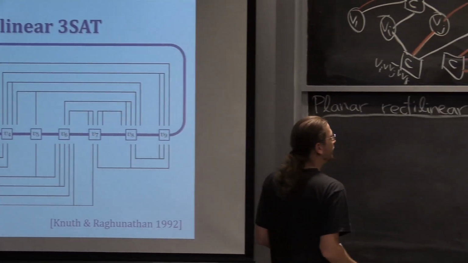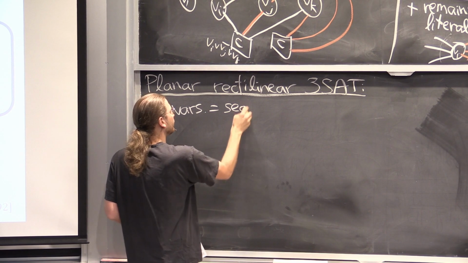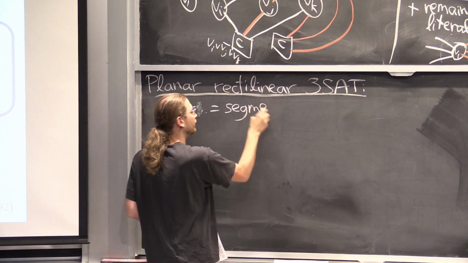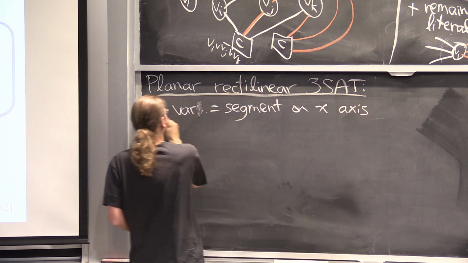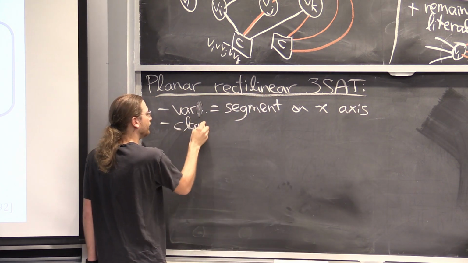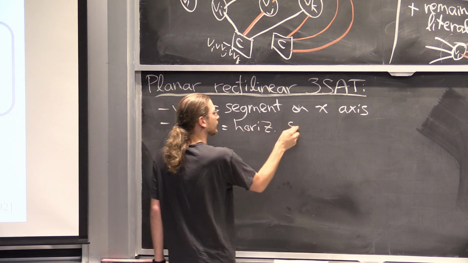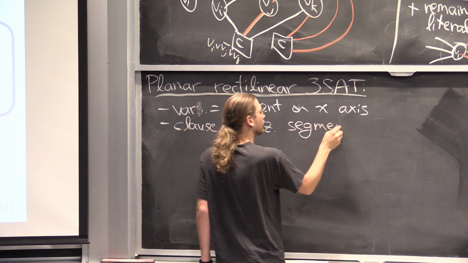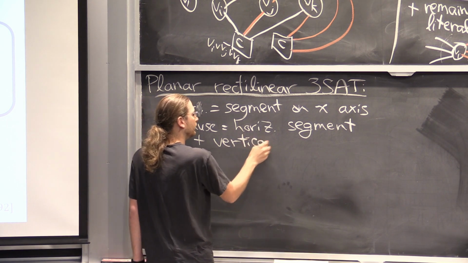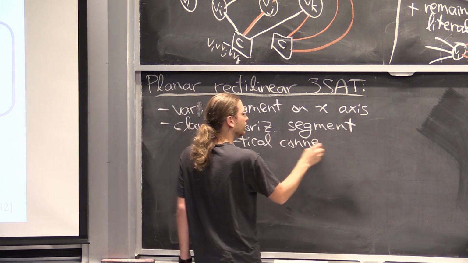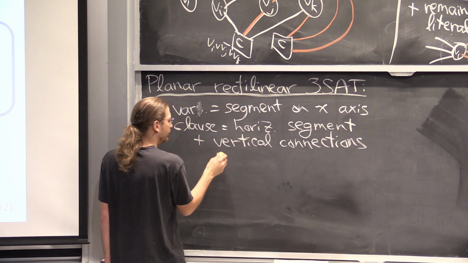Okay, so variables are segments. Right, so each variable is a segment on the x-axis, and each clause is another horizontal segment plus vertical connections to the 3 variables that it includes in positive or negative form.